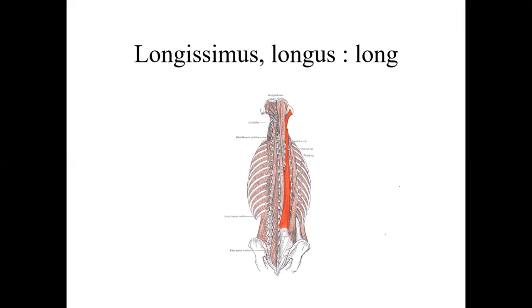Inter means in between, costal, ribs. And just like our other muscles, we have one set of intercostals that expand our chest cavity, and one set which constrict. Our external intercostals are used for inhalation, and our internal intercostals are used for exhalation.